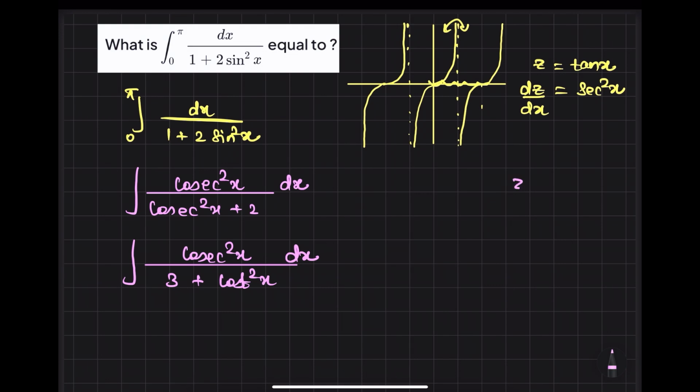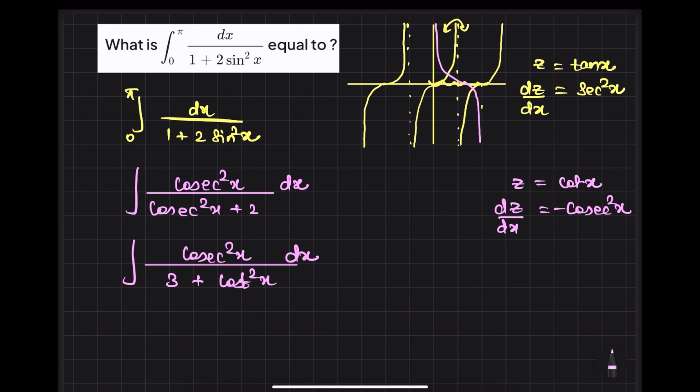Now what I will do, I will take z as cot x. And you know that cot x in the given domain is continuous. With one stroke you can draw the graph. Correct? Now let's proceed. So we will take z as cot x. So dz by dx will become what? Minus cosec square x. And you also know that the question has cosec square x, so we will have an extra minus.